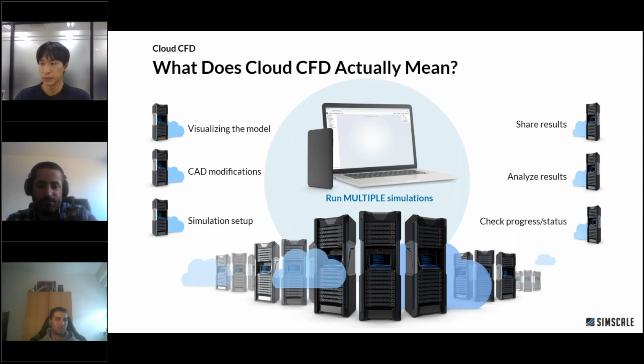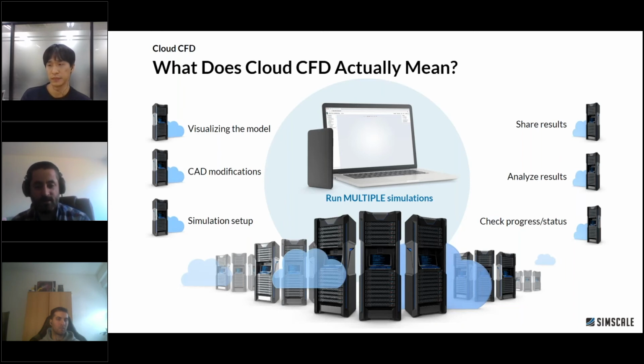And what Cloud CFD means in these regards is that, for example, SimScale picks for each and every step of this workflow exactly the right hardware that you require, so that you are most efficient and can make the most out of these stages. So this is not up to you. We pick the perfect setup for you to do what you want to do right now.